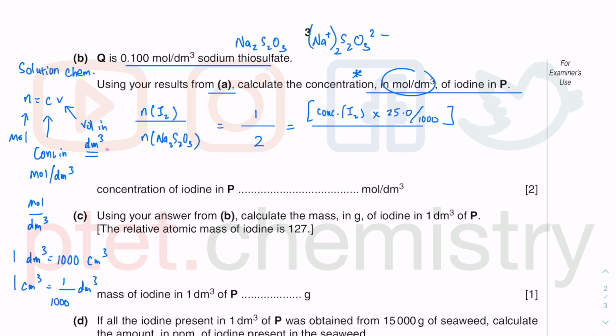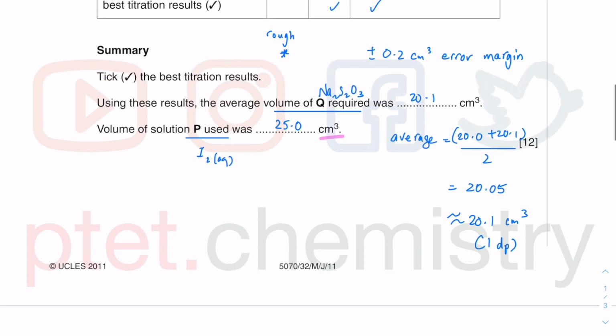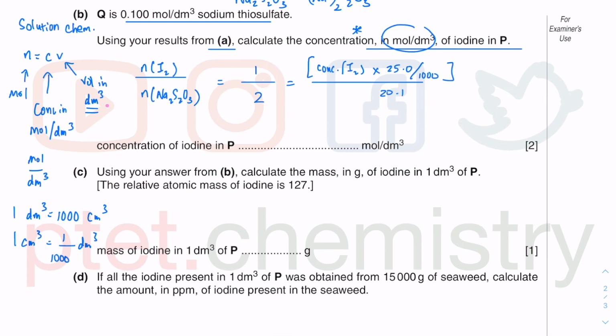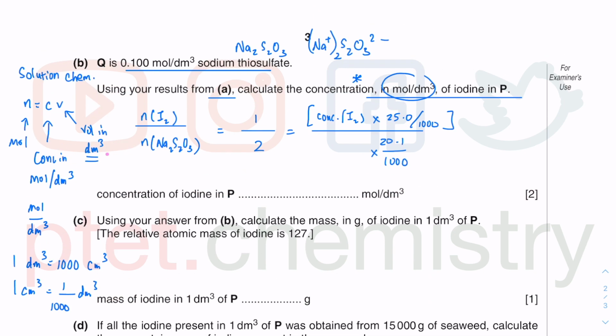That will be mole per dm³ times dm³, because I converted the cm³ to dm³ by dividing by 1000. At the bottom is my answer from A, because my answer from A was 20.1 cm³ of Q, the thiosulfate. So 20.1 over 1000, that is my dm³. I multiply that by the concentration, which is 0.100 mole per dm³.